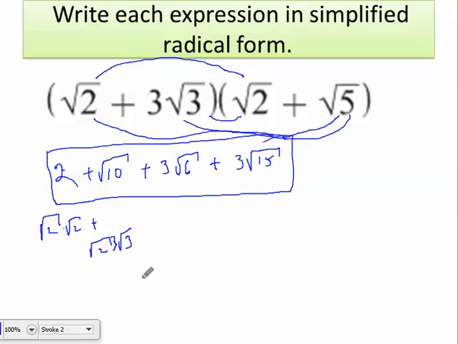And the next one would be plus square root of 2 times, oops, that would be this one here. Square root of 2 times the square root of 5. That'd be this one there. Okay? And then this last one would be the square root of 5 times 3 times the square root of 3.